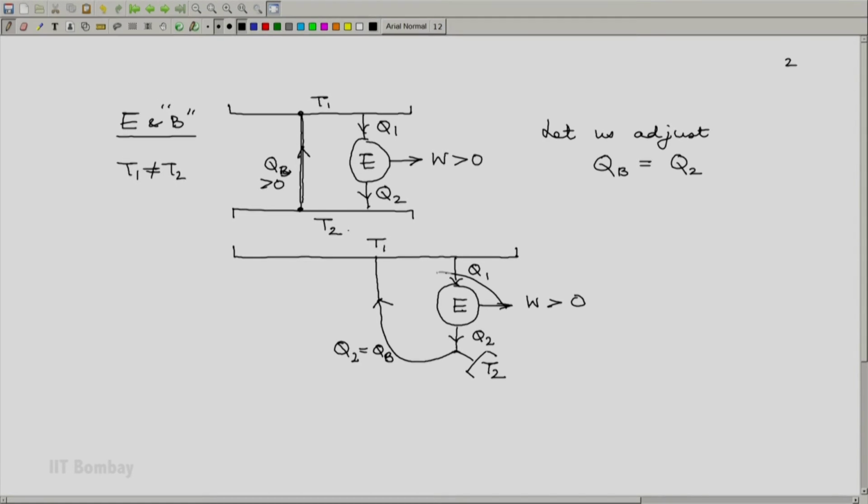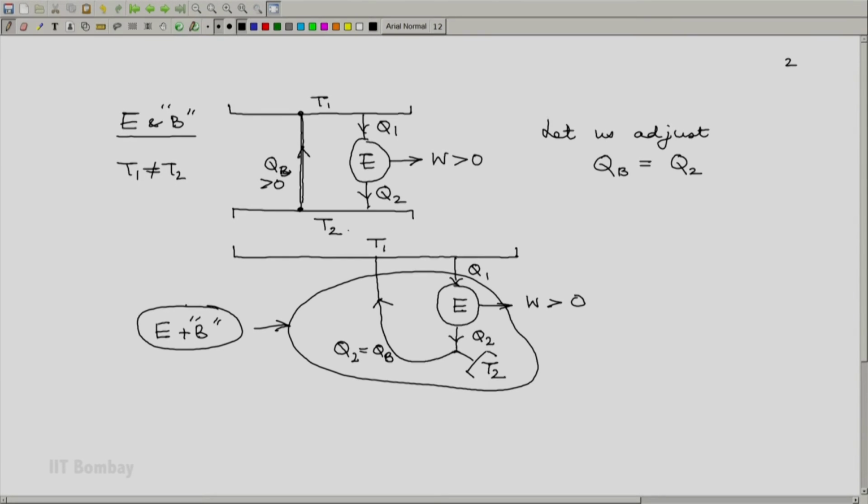Now, let us consider this as E plus B. Notice that this is equivalent to an engine, a cyclic device, because B does not produce any change in any system.